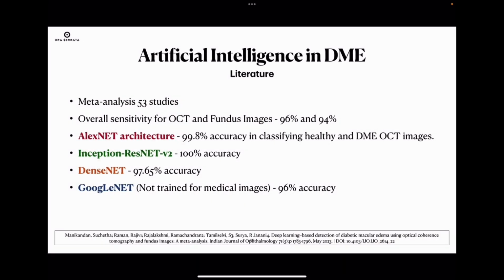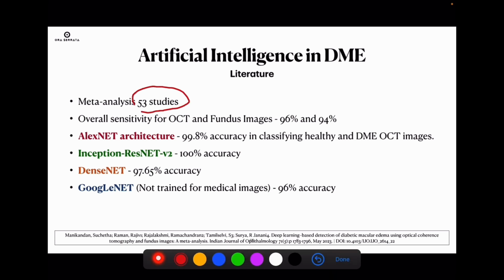A meta-analysis showed that there were more than 53 studies done with regards to artificial intelligence in diabetic macular edema, and the overall sensitivity for OCT and fundus images was quite high, that is 96 and 94%.